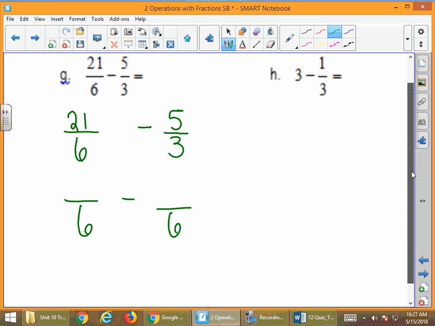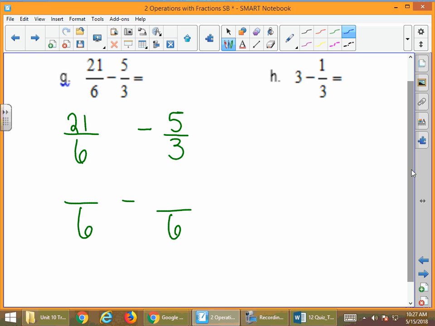And now, what's going to happen here is, well, we multiplied 6 by 1 to get 6. So we need to multiply 21 by 1. And we've got 21/6. Over here in our second fraction, 3 times 2 is 6.